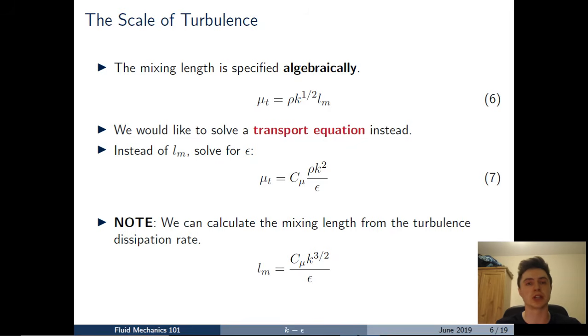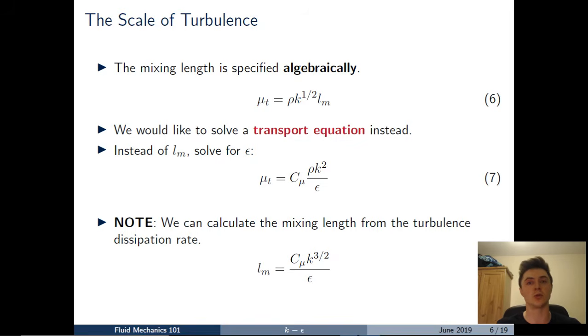However, we'd like to make some improvement on this model, and the reason we'd like to do this is, as we know, turbulence is convected and diffuses through the flow. It isn't static and fixed at some distance from the wall. And so what we'd like to do is solve a transport equation for our turbulence quantities. The way that we do this is we can solve a transport equation for the turbulent kinetic energy k, and we're also now going to solve a transport equation for the turbulence dissipation rate epsilon.